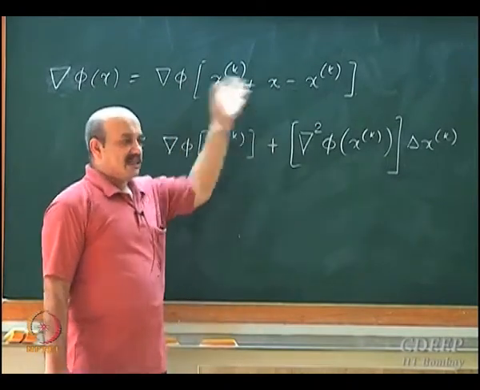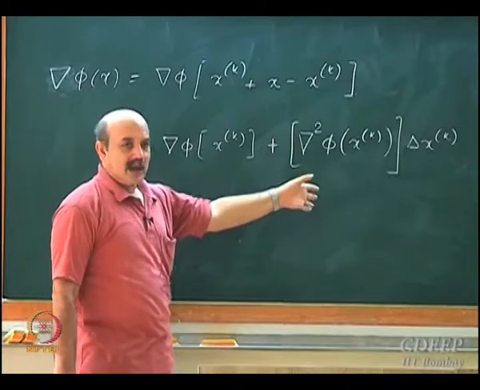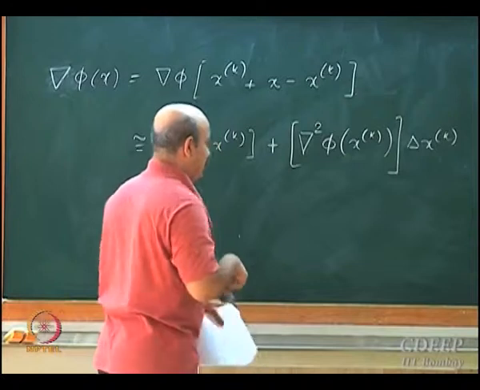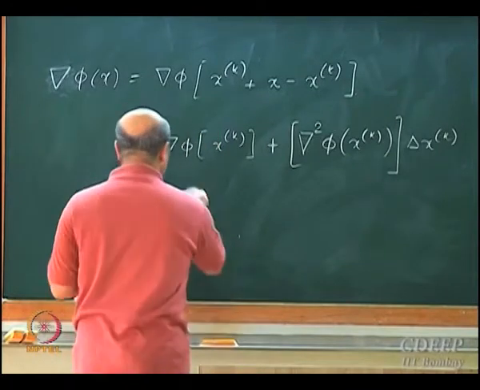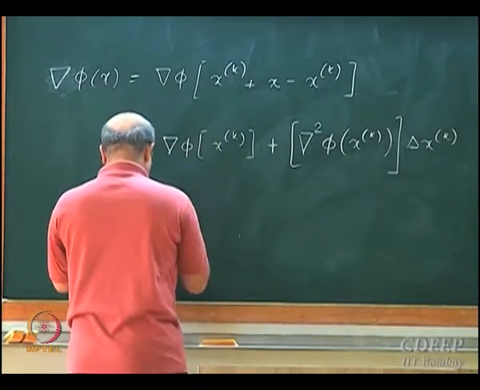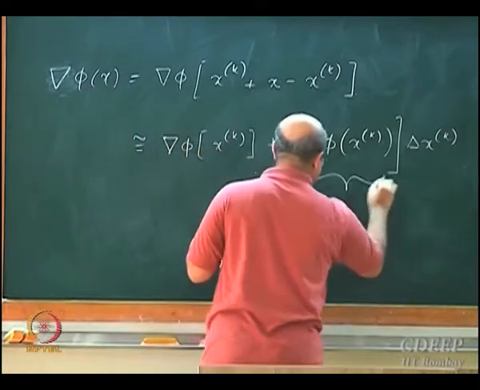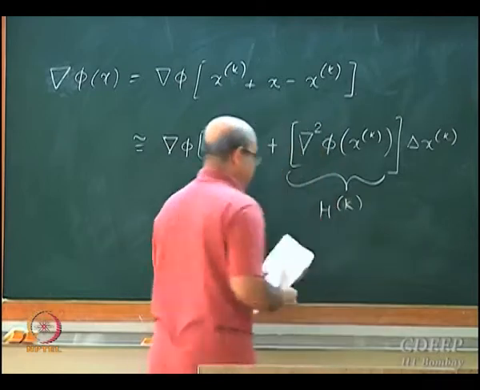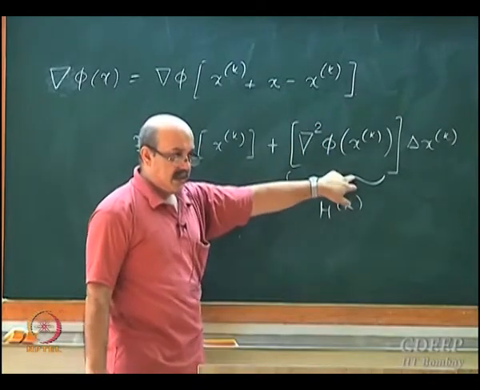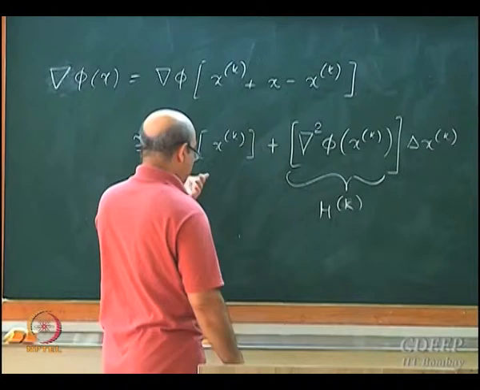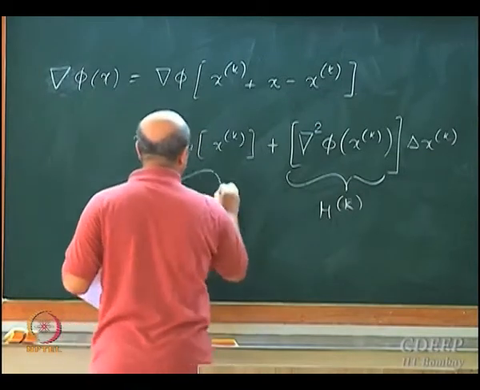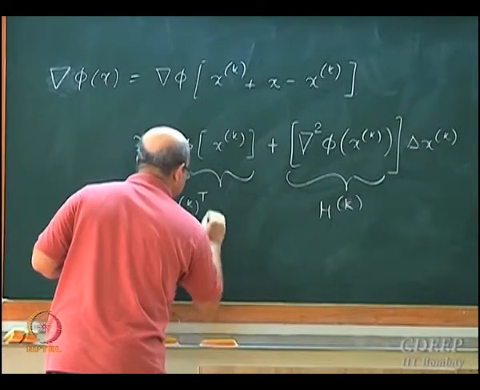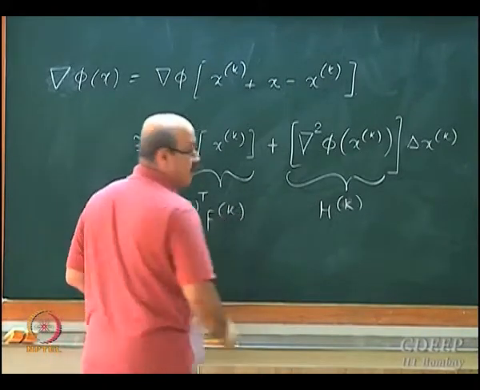You have nonlinear algebraic equations, you linearize, and then instead of solving the original problem, you solve a linearized problem. This we call HK. HK is the Hessian, and this is the gradient, which we have shown is nothing but JK transpose FK.